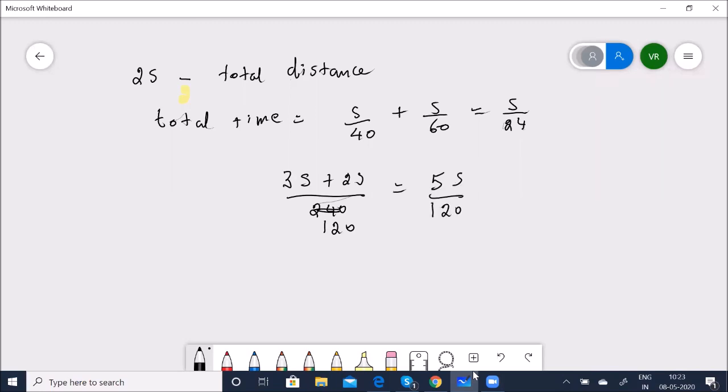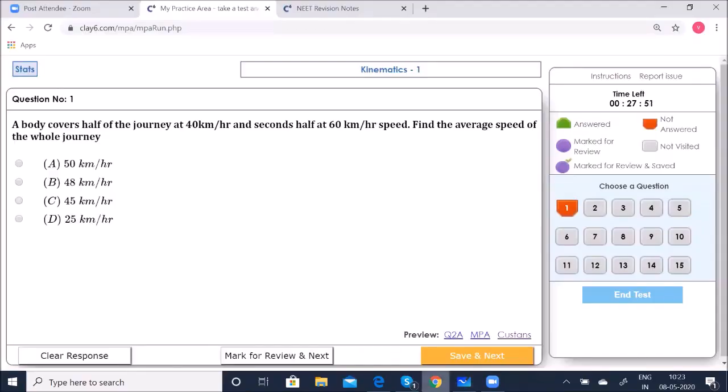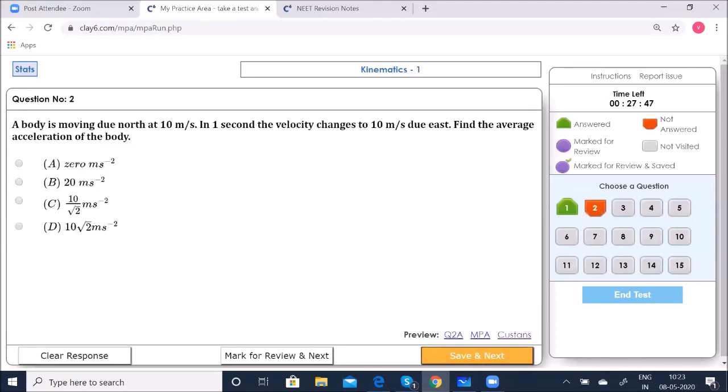Okay, now I can cancel 5 and 120 and I get 24. So average speed is going to be 2s by s by 24, which is equal to, this s and s will get cancelled, this 24 goes up, it now becomes 48 kilometers per hour. Okay, so let's see which option shows that. So option B, let me click that. Now save that and go to the next question.